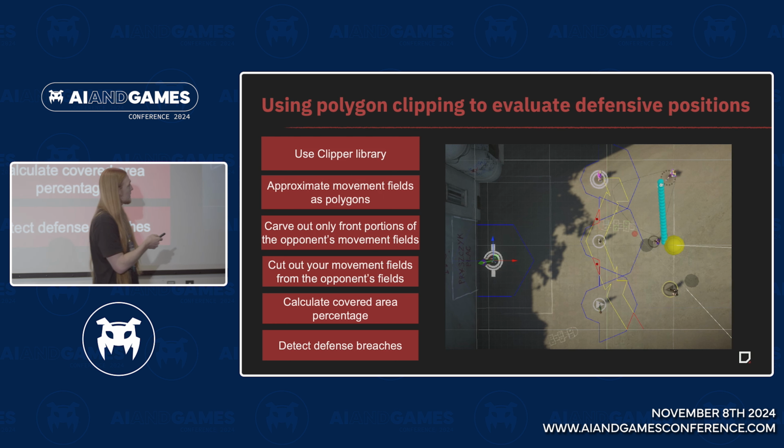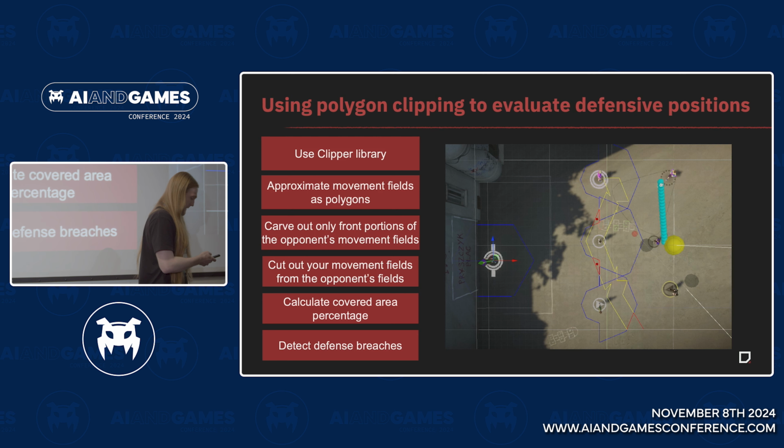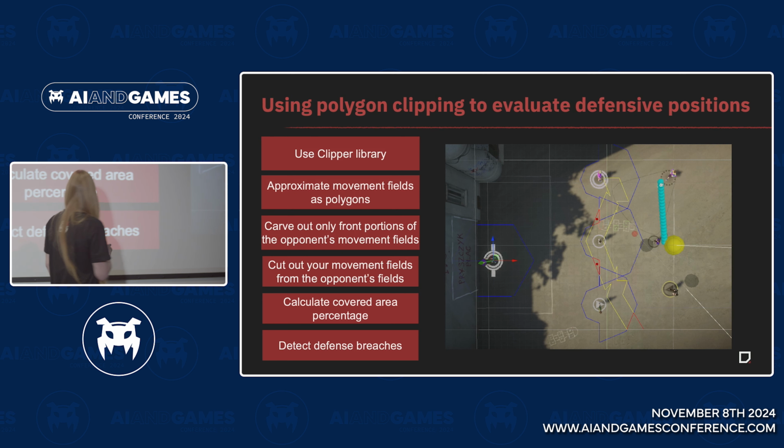This way we could calculate the areas of the fields that are not covered, and we could detect those pesky little parts that cause so much trouble for the defending player. It worked pretty well, and it was even faster, performance-wise, than playing the offense.